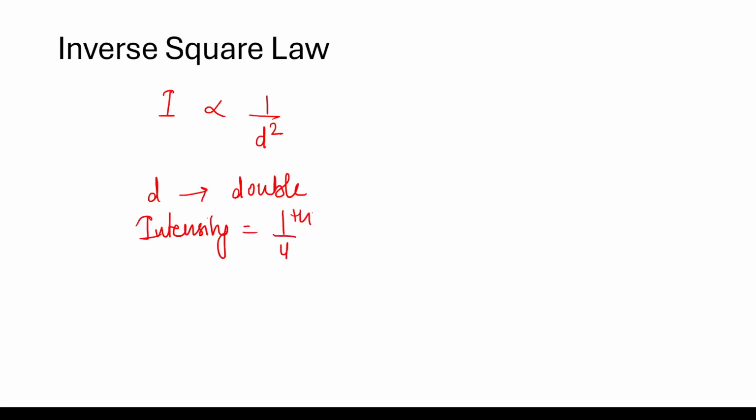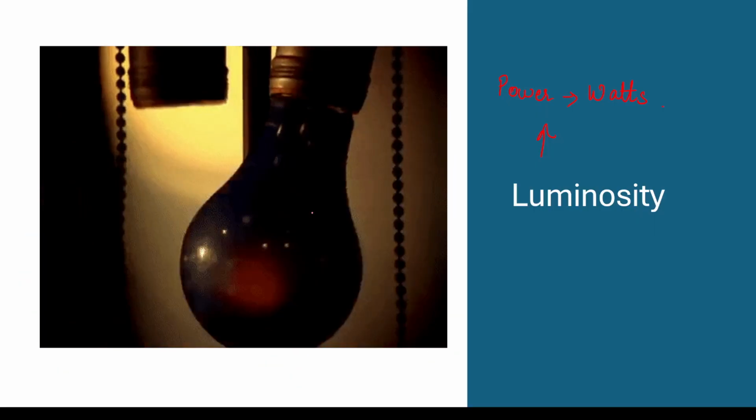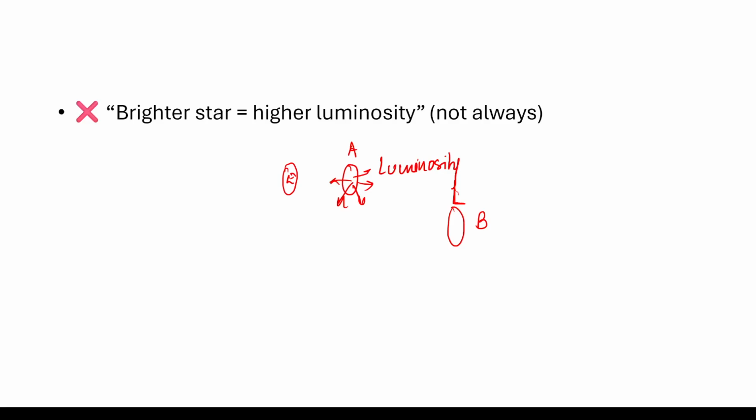So going back, we said the brighter the star, the higher the luminosity. But what we are seeing is the brightness. So we are seeing what? We are seeing intensity. Does the intensity directly tell you the luminosity?